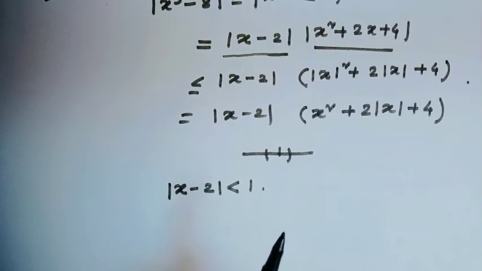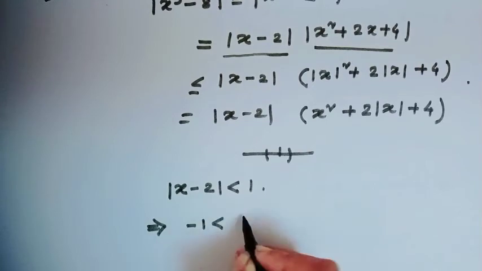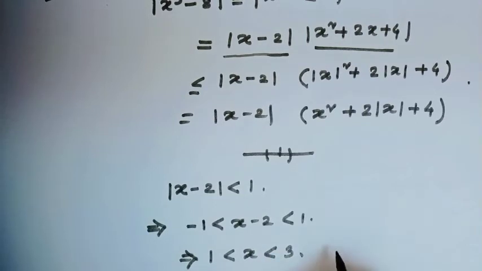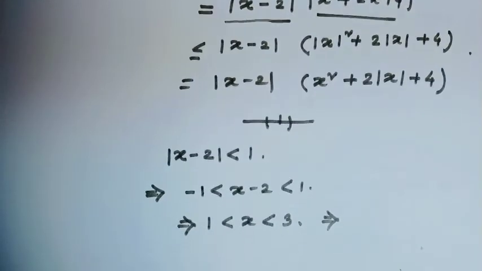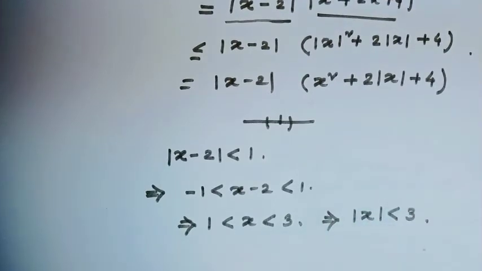Here you could choose 10, 5, etc.; there is no restriction to 1. That implies x minus 2 lies between minus 1 and plus 1, so 1 is less than x is less than 3. From this line we can write the absolute value of x is strictly less than 3.